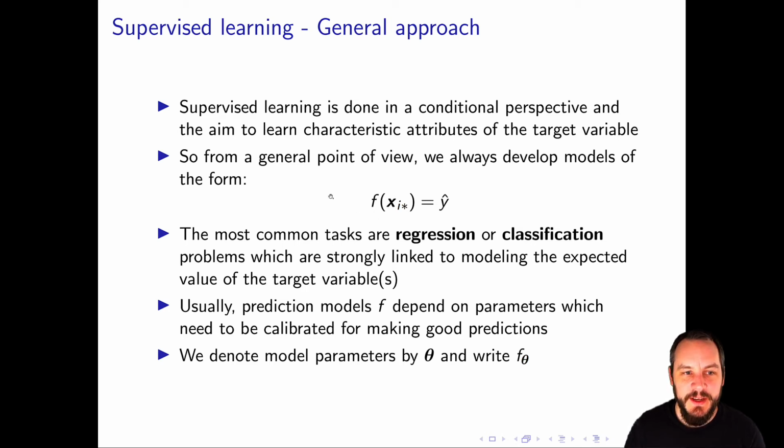These functions usually are defined by additional parameters. So the parameters are usually our way to calibrate the functional relationship. This is why we usually indicate this in the subscript by giving a vector theta, which is supposed to include the whole set of parameters that are used to declare the functional relationship that we are using to generate the predictions.